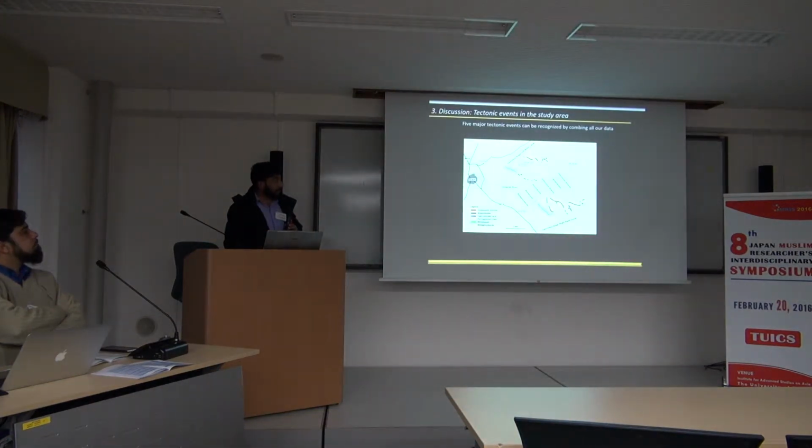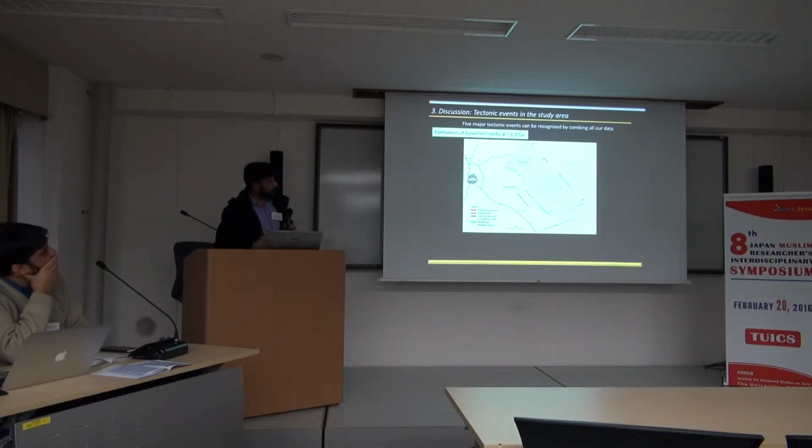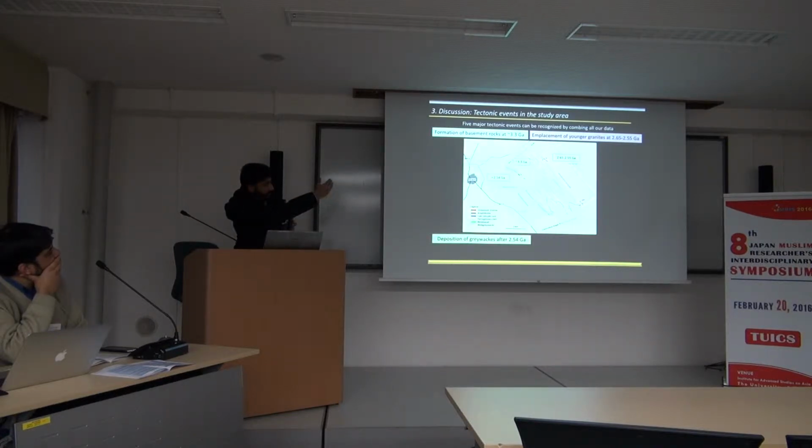Based on the studies, what I found is this area was formed around 3.3 Ga, and after that there was magmatism on the east of the study area around 2.6 to 2.5 Ga. Because of erosion, the rocks along the east were eroded and deposited along the west of the study area.